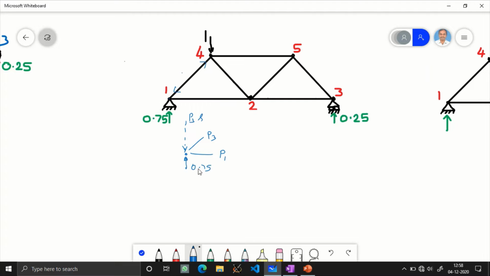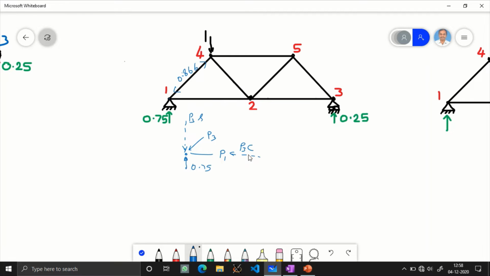To find the value of P3, P3 sine 60 degrees is equal to 0.75. So P3 will be 0.75 divided by sine 60, and the value is 0.866. Similarly, the horizontal component of P3, which is P3 cos 60 degrees, is acting towards the joint.